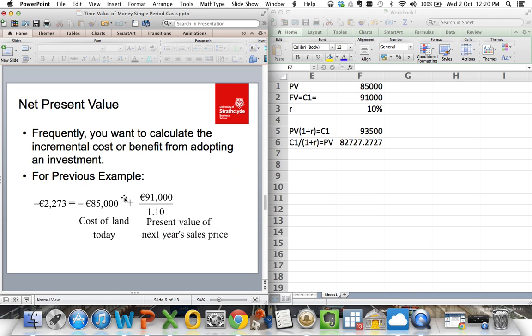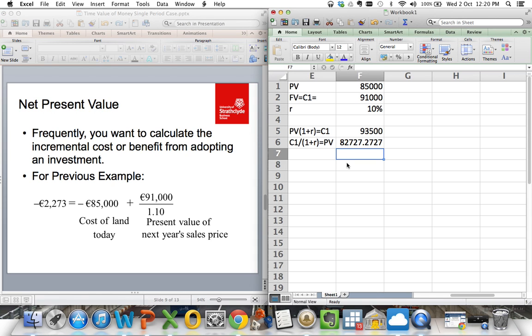Okay. Now, you might say, if we look at this particular example, the present value of 91,000 is 82,000. So how much are we worse off, or how much are we better off? Well, I'm going to write it out slightly differently. We've got C0 and C1, and these are the actual cash flows.